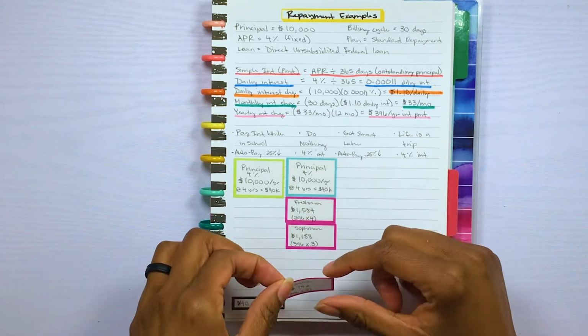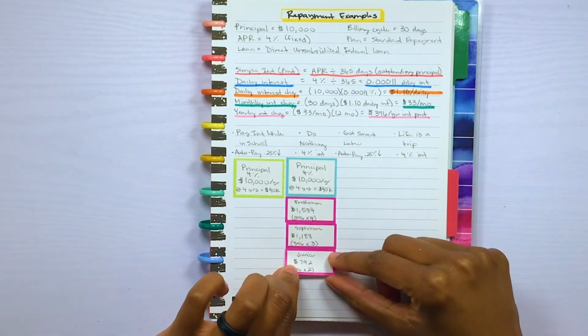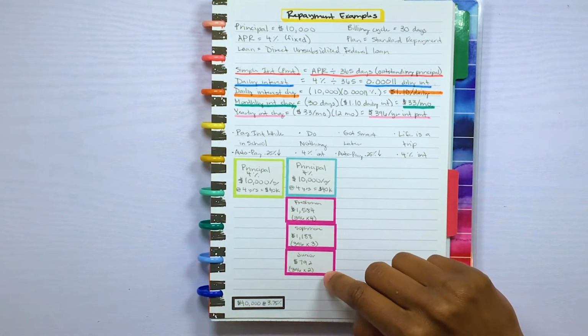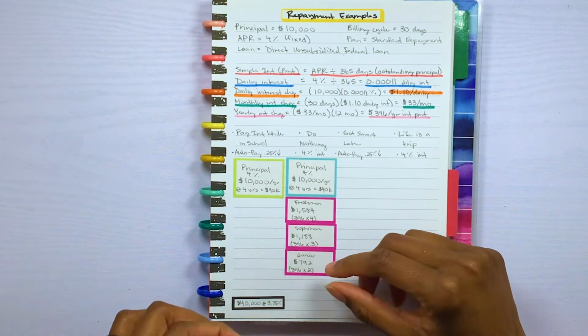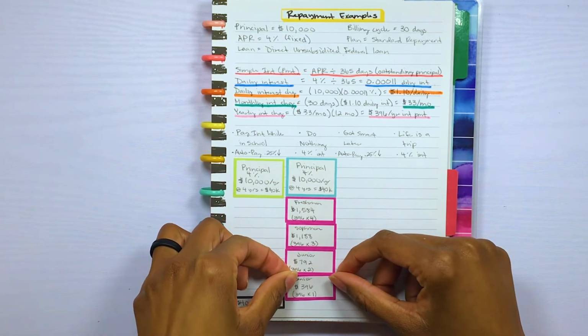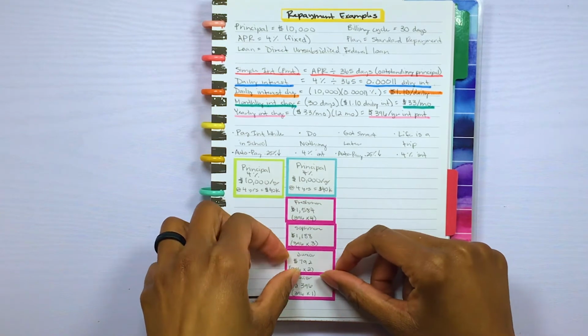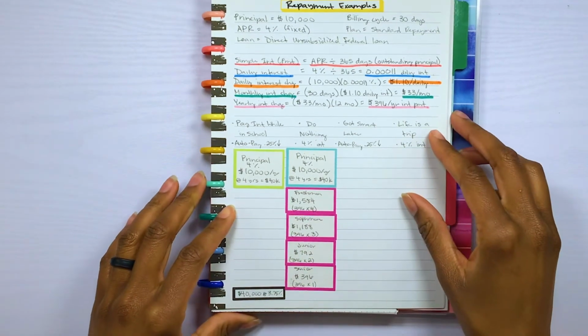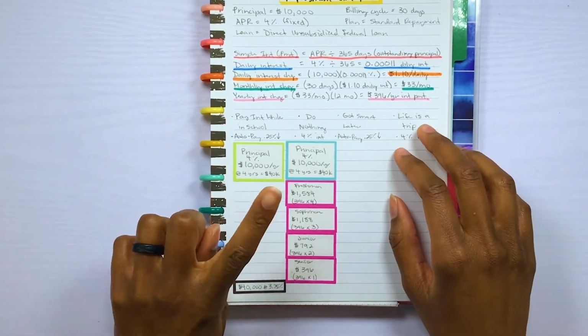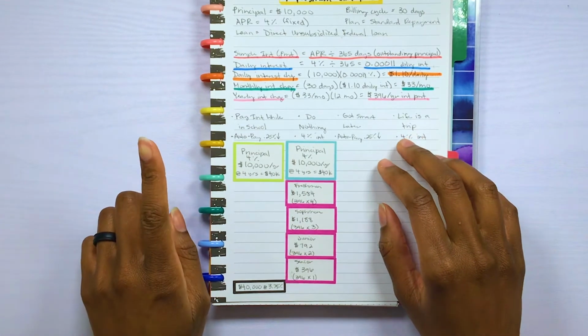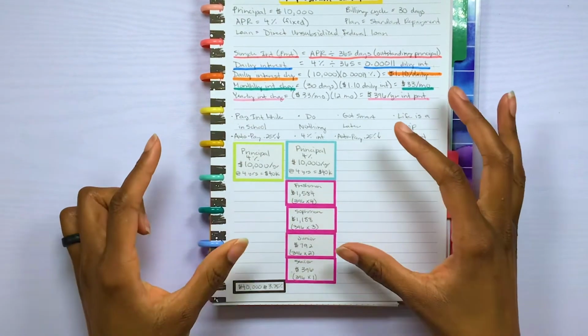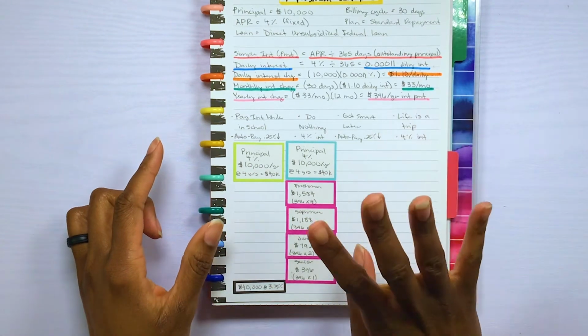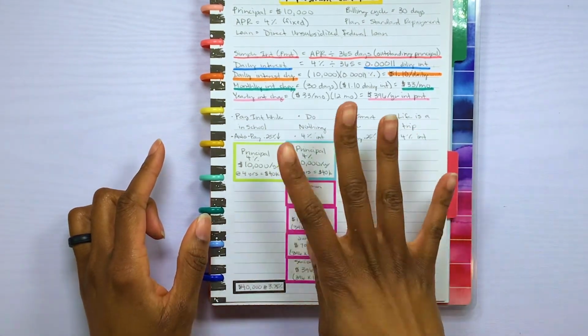Their junior year, they take out another $10,000 loan. And for their senior year, they take out another $10,000 loan. We'll be getting tight down here. So each year they took out $10,000. For their freshman year, the first $10,000 that they took out has now accrued interest for 4 years.